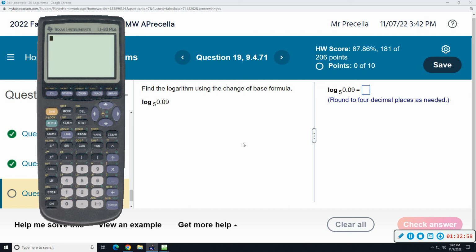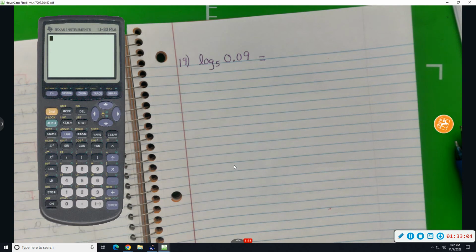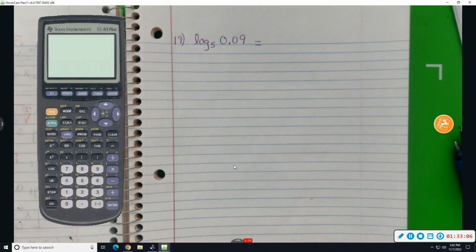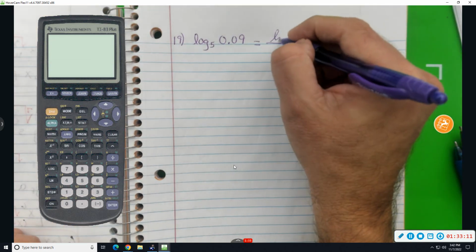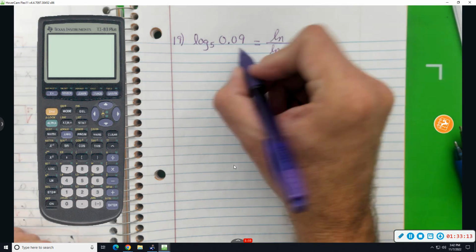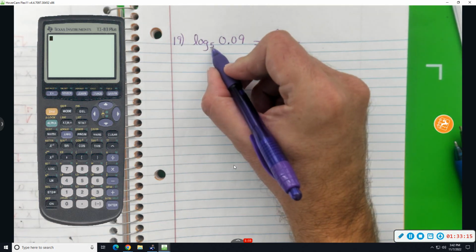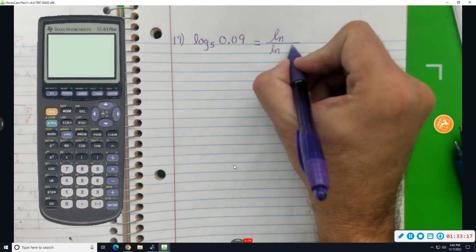I'm not going to use the calculator on my phone because I want to demonstrate that change of base. So it's ln over ln. The number that's written lower, the subscript, is the one that goes on the bottom.